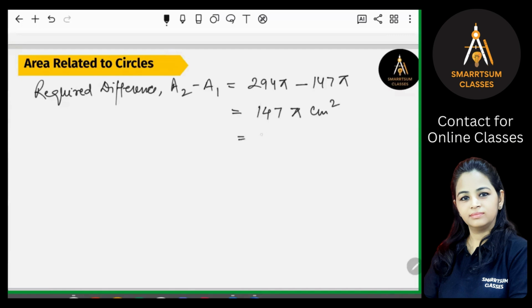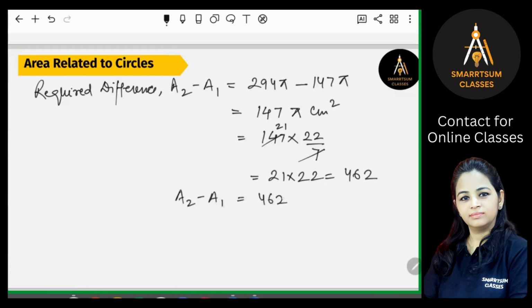Now you can also put the value of pi here, that is 22 by 7. Okay, now solve this. 147 can be divided by 7, it will go 21 times, right? So 21 into 22, that is 462. So we have got the difference A2 minus A1, which is 462 centimeter square.